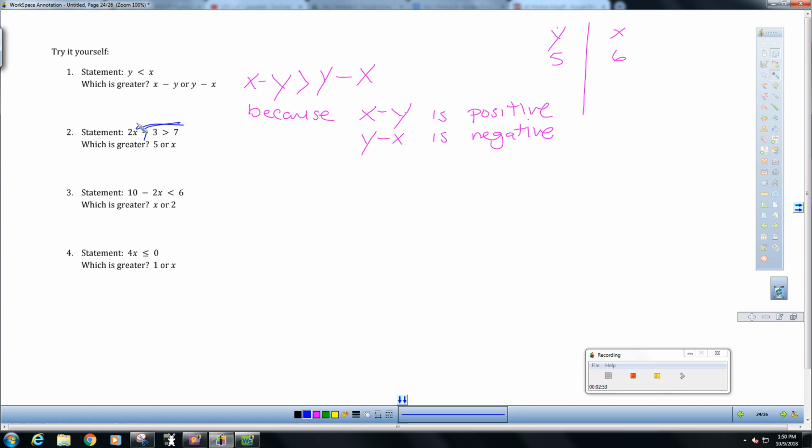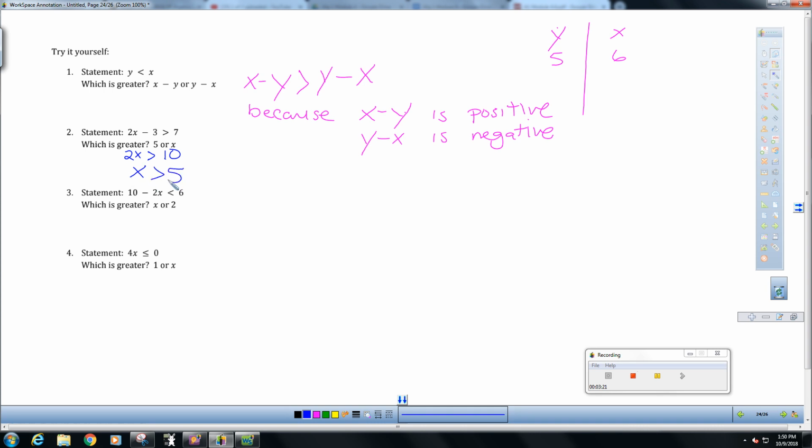I can't solve it, because there's infinitely many solutions, but I can simplify it, right? I can add 3 to both sides. 2x is greater than 10. Next step. So, x is greater than 5.